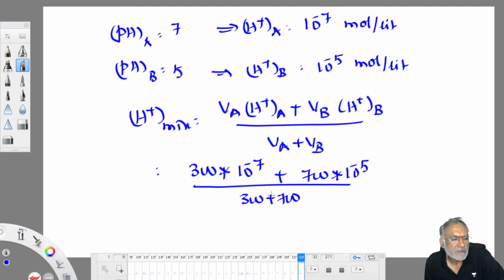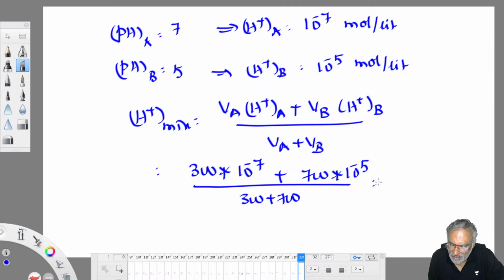So 300 into 10 power minus 7 plus 700 into 10 power minus 5, by 1000.